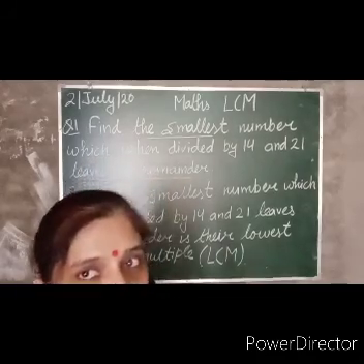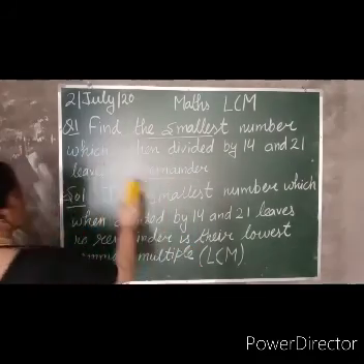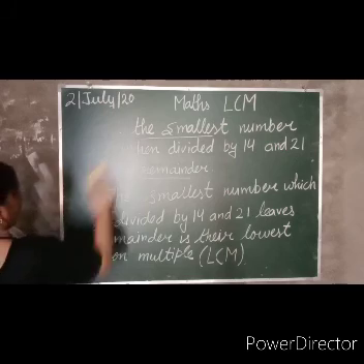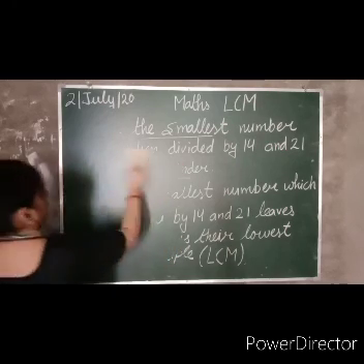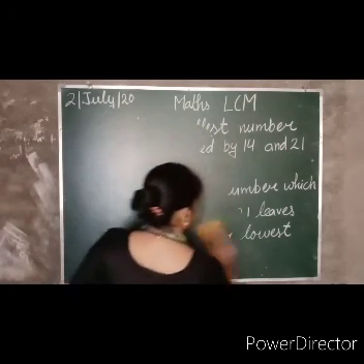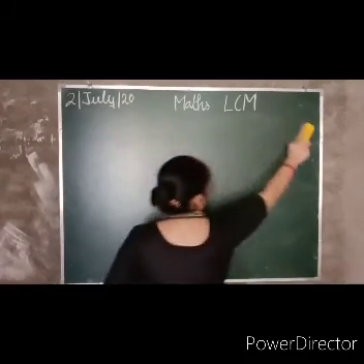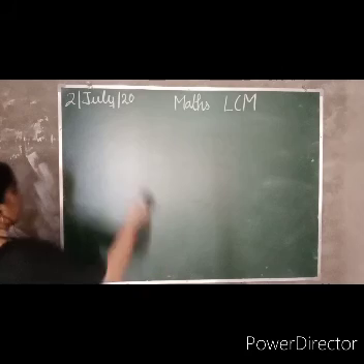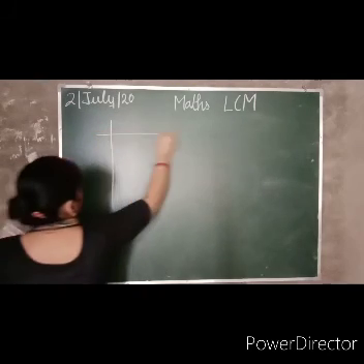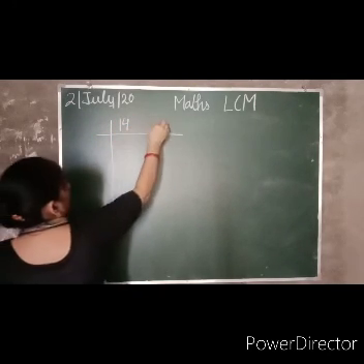Now we will calculate the LCM of 40 and 21. Let's just rub the board and then I will do the LCM of 40 and 21. Draw one line, write down 40, 21.